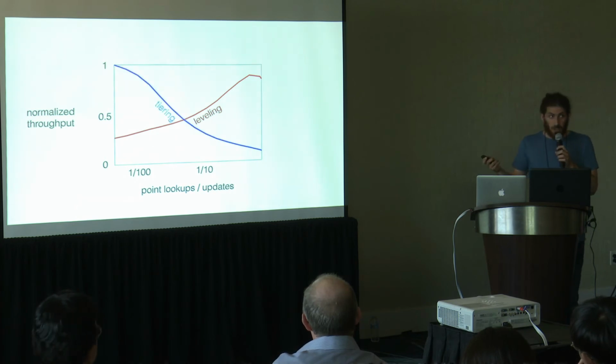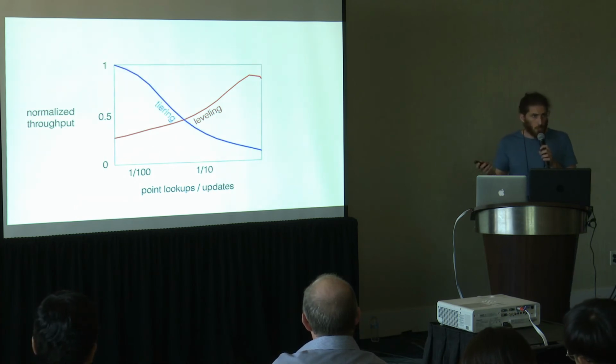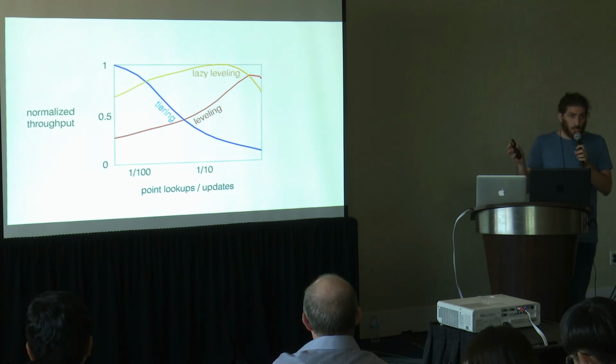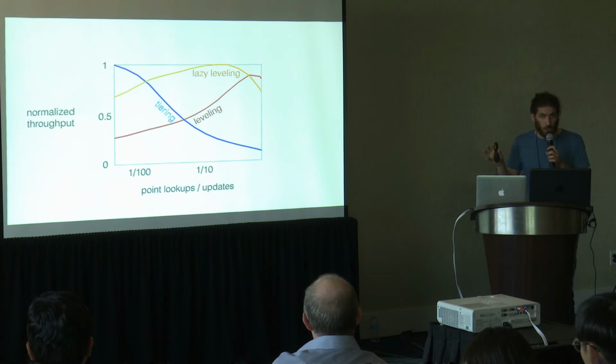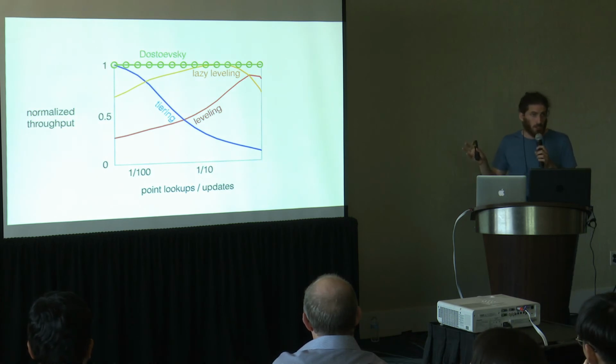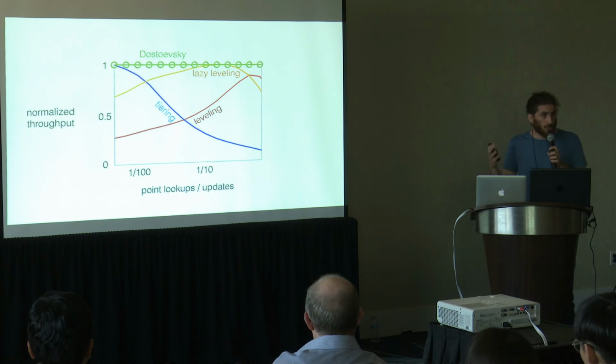For tiering, performance decreases because it's not very good for reads. It's much better for updates. For lazy leveling, performance is dominant across most of the space because it's better for mixed workloads. And Dostoevsky dominates all of these different designs because it's basically a superset of all of them, and it can just assume the best design for any workload point.